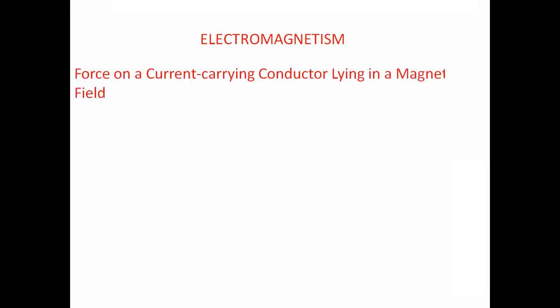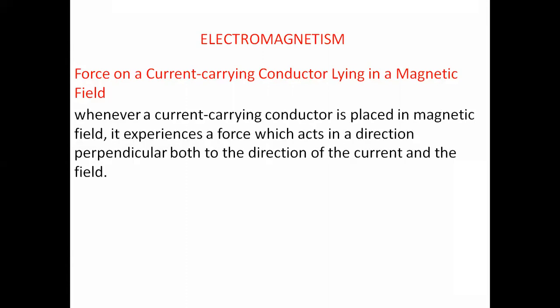Now, the force on a current carrying conductor lying in a magnetic field. Suppose a current carrying conductor is placed in a magnetic field; let us see how the force is experienced.